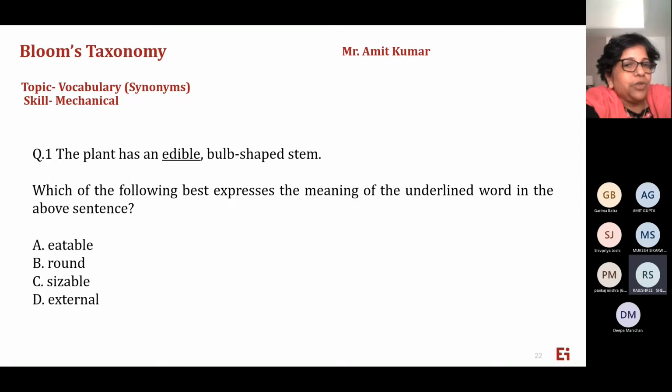Apart from Bloom's taxonomy, one comment I want to make is that when we use "best", we are saying all the options are synonyms, all mean the same thing, but which would you take? Which is best suited for this? Whereas here the other options do not mean edible. They mean something else. So we are not asking for the best answer, we are asking for the correct answer.